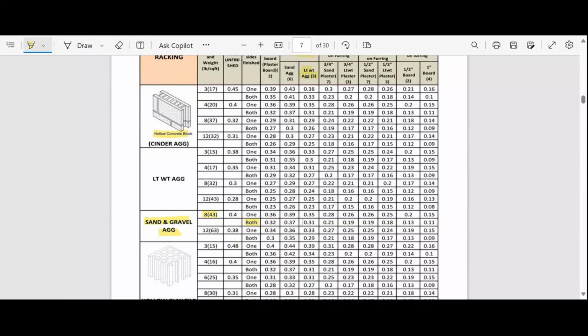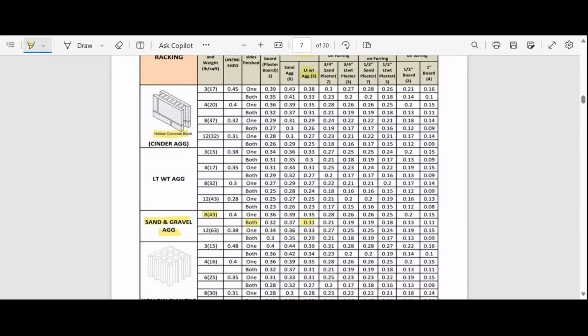So how much are we getting here? 0.31. Okay, 0.31 is the U factor. So the wall is made of hollow concrete block with a mix of sand and gravel aggregate of 8-inch thickness, 3 by 8-inch plaster walls, which is 0.31 U factor.